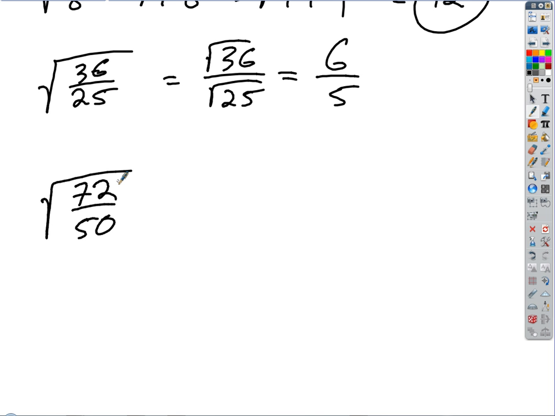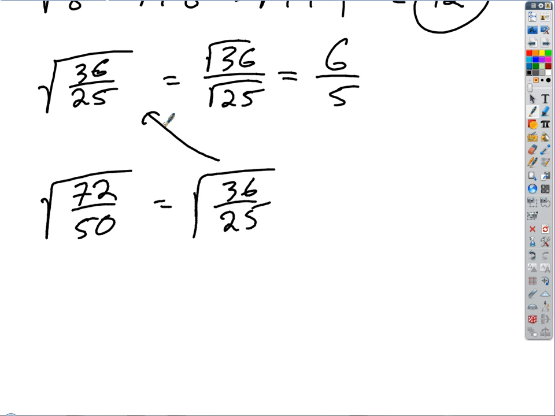Does that reduce? Is there a number that divides into both of those that I could divide each by? 2, they're even, aren't they? I could divide each of those by 2 and trim that fraction down. So that would be equal to the square root of, what's 72 divided by 2? 36. 50 divided by 2. And then it just became the last problem that we did, right?